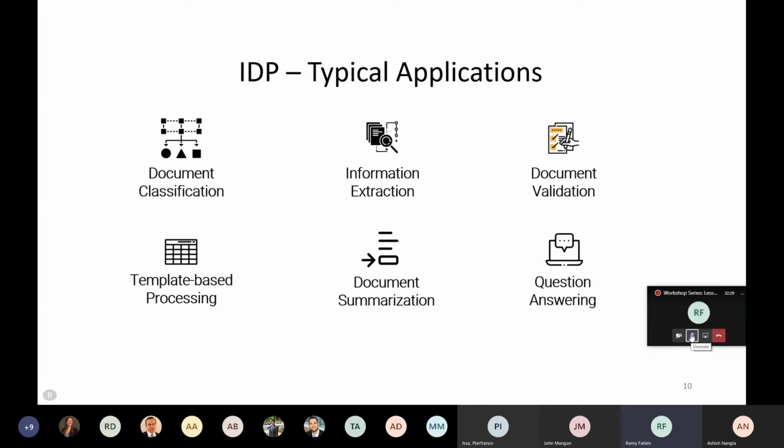Okay, so the final one here, question answering. What does question answering do? That's basically if you want to build some sort of system, some sort of chatbot, or some sort of user interface where the user can ask questions and the machine learning system can respond to the user and tell them what the answer to the question is. You may also want to ask a question about a particular document.